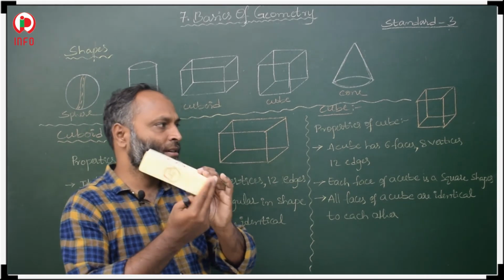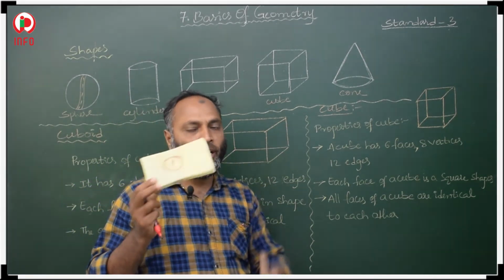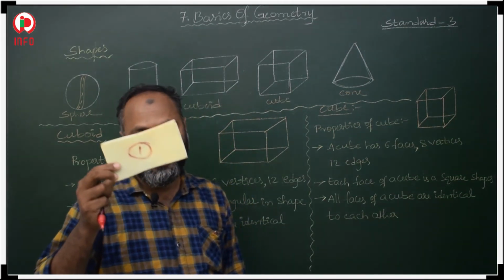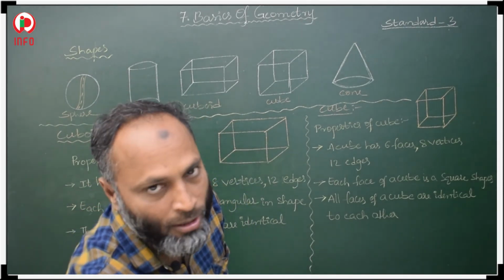All faces are rectangular and opposite faces are identical. This is about your cuboid. Now about cube.